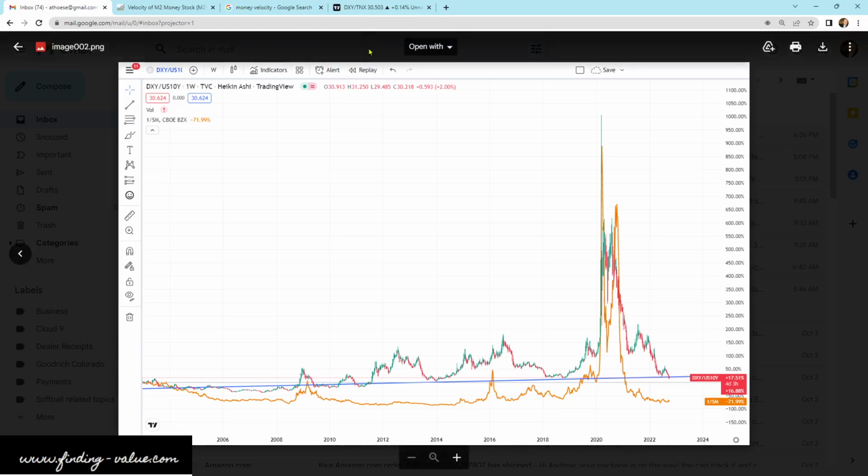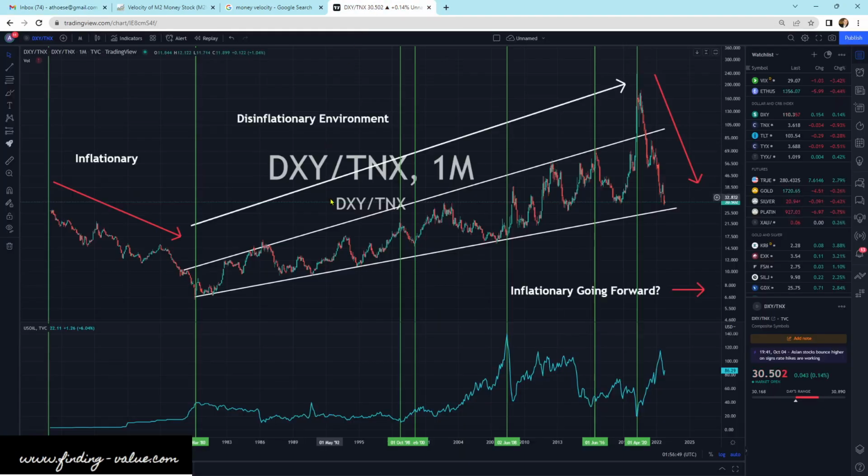So when you don't have an inverted one, and I know it's a little bit busy here, we can describe it. This is the full data, on a logarithmic scale, and this is the oil price at the bottom. It's not inverted, it's just the oil price, and then the DXY to TNX above it. Inflationary periods would see a declining dollar with an increasing 10-year yield.